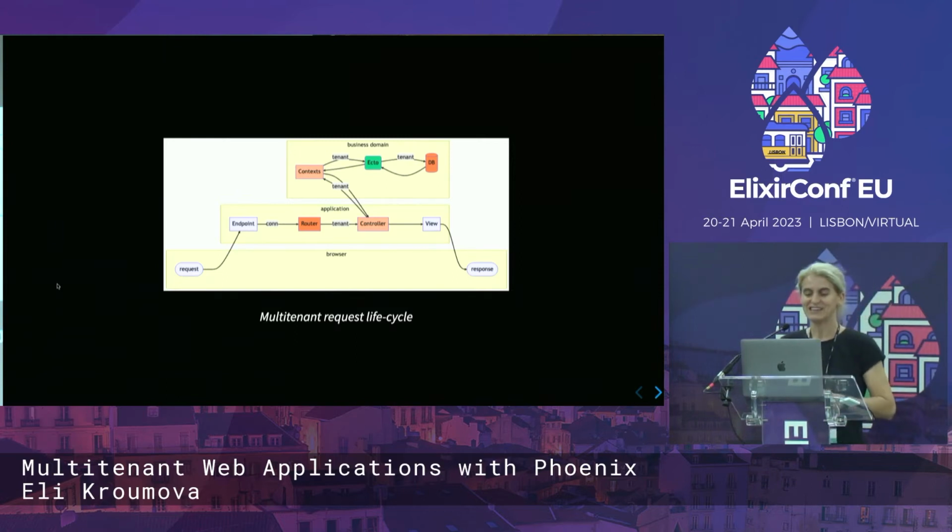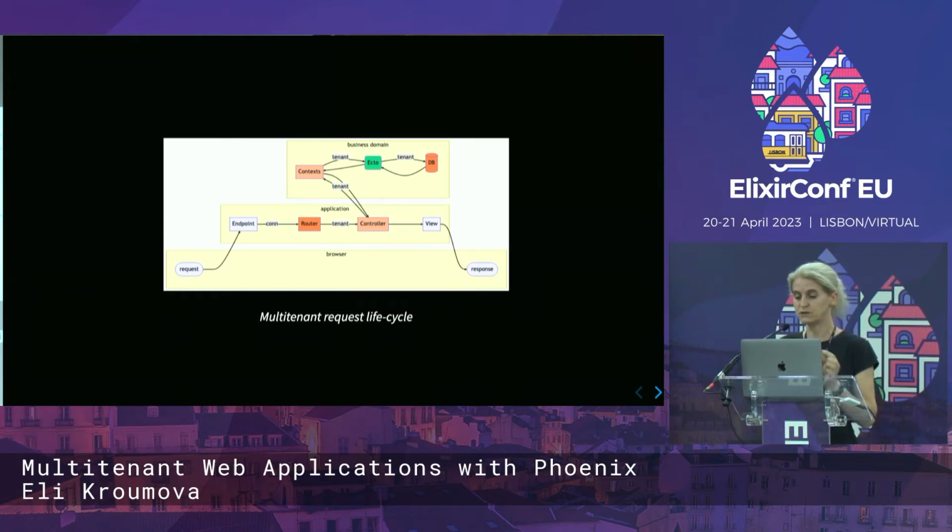Okay. So the first thing that we have to know is which tenant we want to work with. So we have to add another plug, which will take the tenant from the request data and save it in an assign that we can use further from the controller.